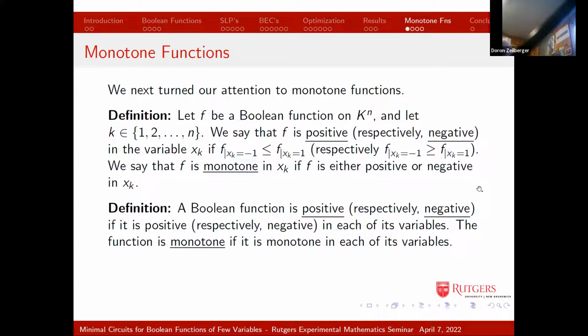So I next decided to look at monotone functions. These are the standard definitions, which I believe I took directly from Kramer's book on Boolean functions. I just changed the notation to match my silly negative ones. A positive function is positive in each of its variables. A monotone function is monotone in each of its variables.